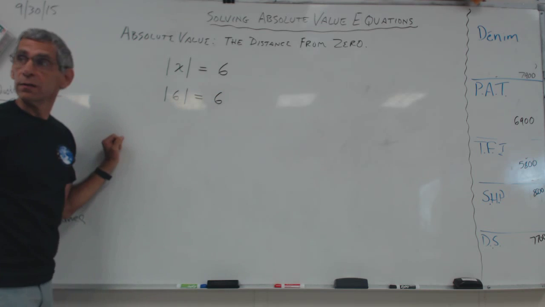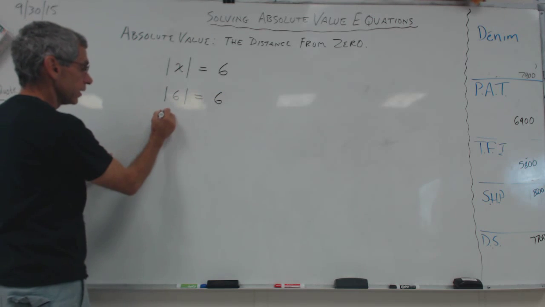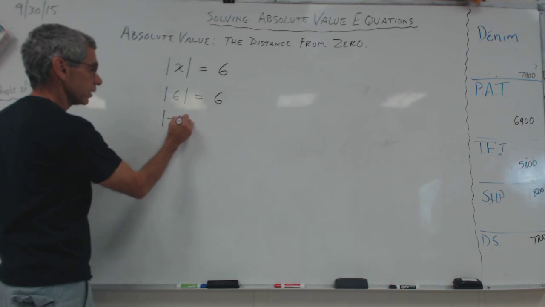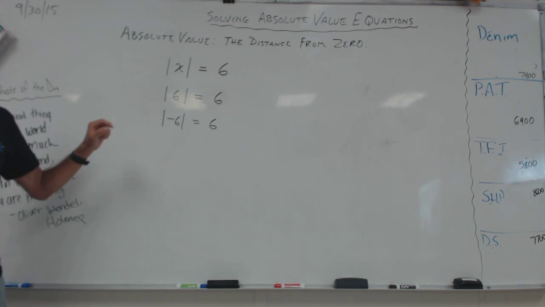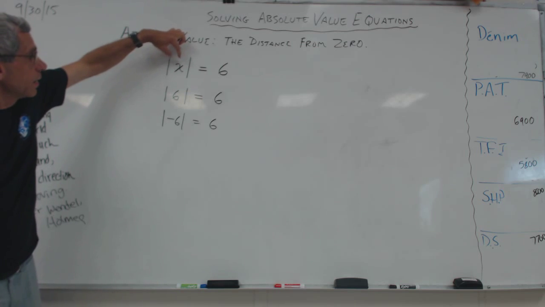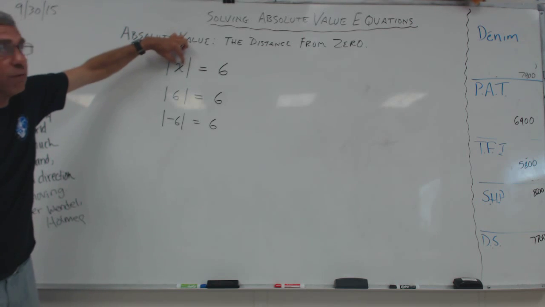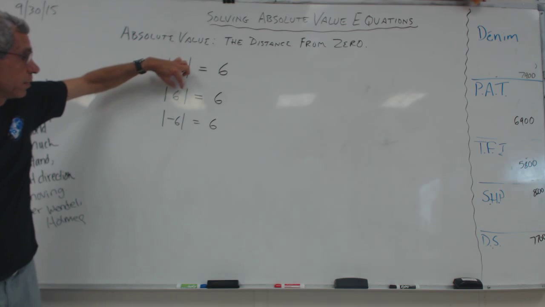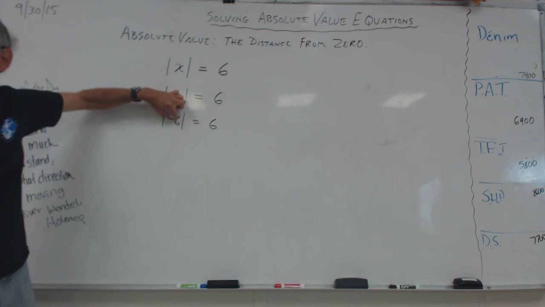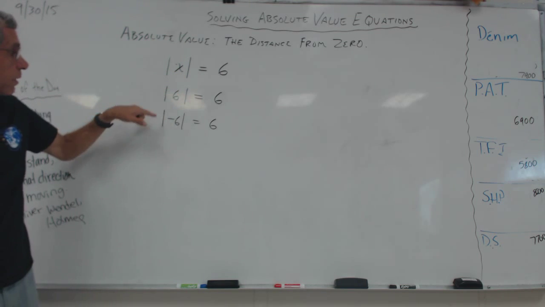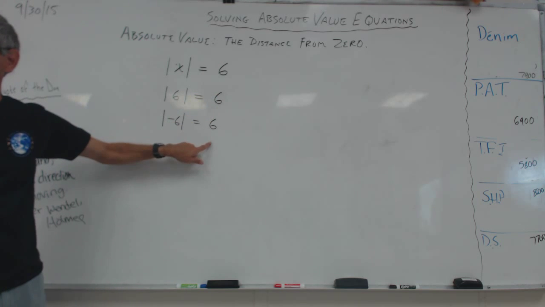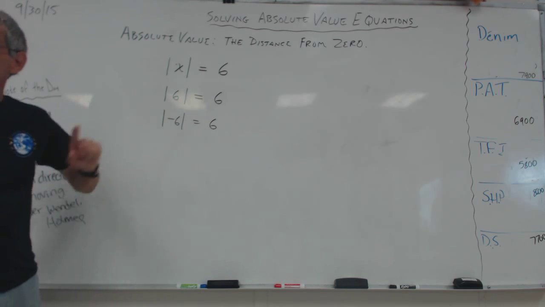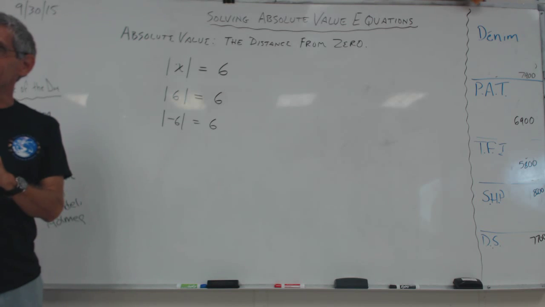That would be true, right? And like Cassius said, the absolute value of negative 6 equals 6. You guys see that? So that means the value of x itself could either be positive 6 or negative 6, because the absolute value of either of those still gives me the same answer. Therefore, you have 2 answers.